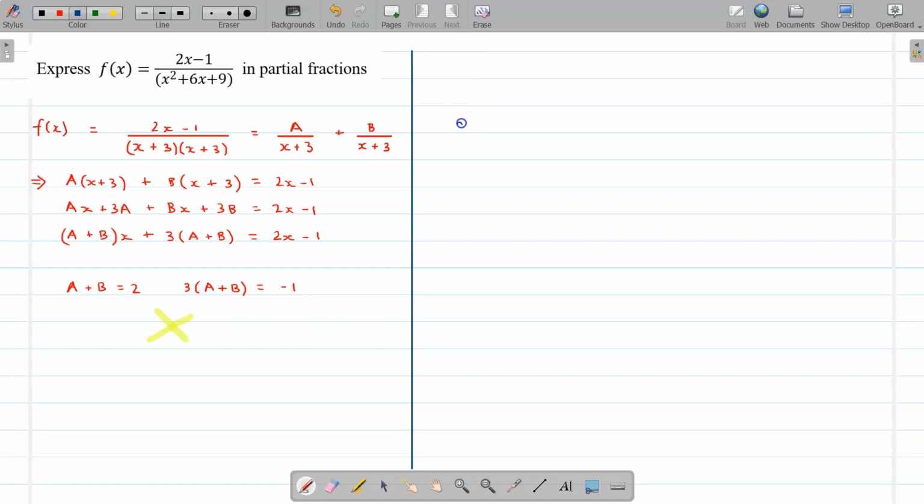We'll let 2x minus 1 over x plus 3, x plus 3. So we're starting off with the same original fraction, but this time we're going to make it equal a over x plus 3.